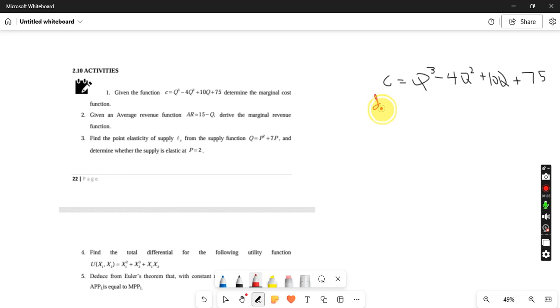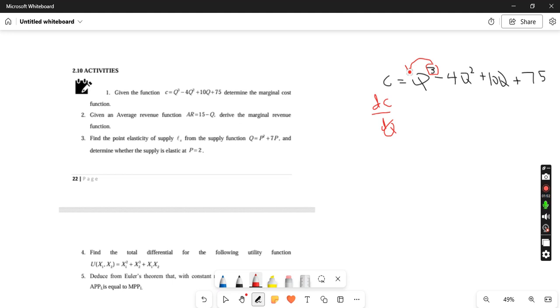You write it like this: you're deriving the cost function, dC with respect to Q. This notation just says that the letter we're focusing on in this function is Q. So we're using the power rule. You multiply the power with the coefficient, the number in front of the letter.